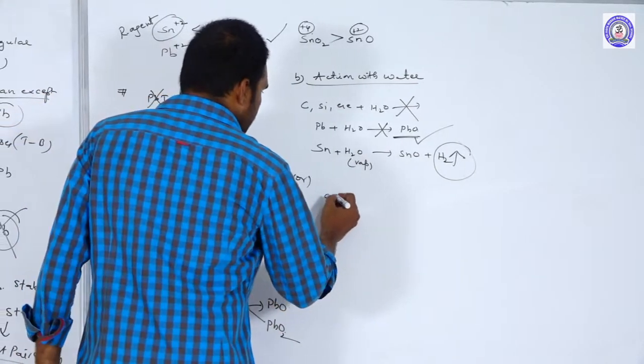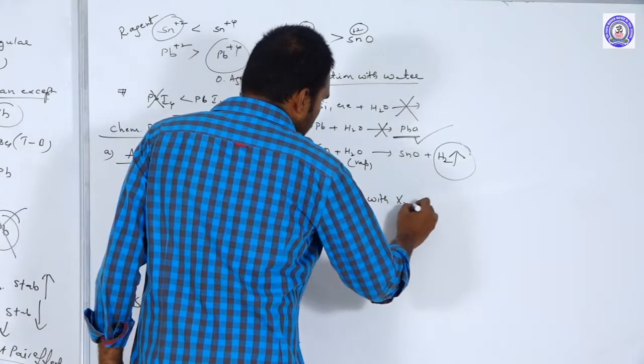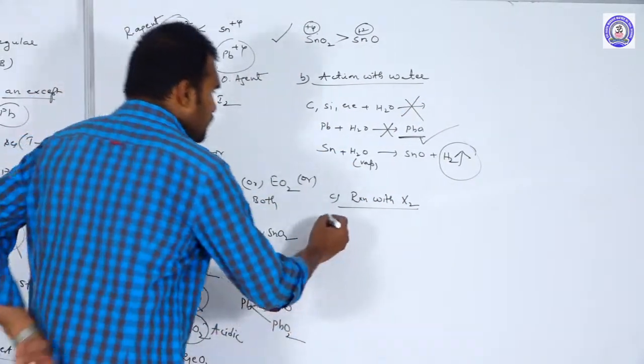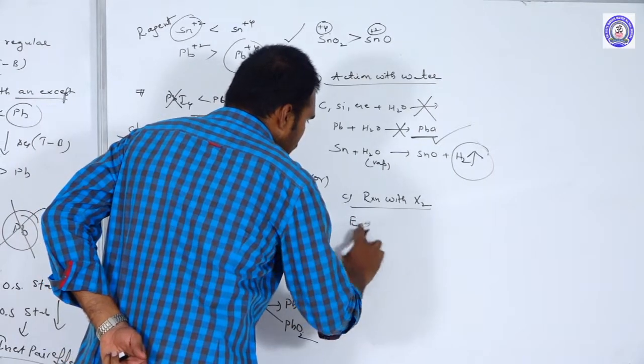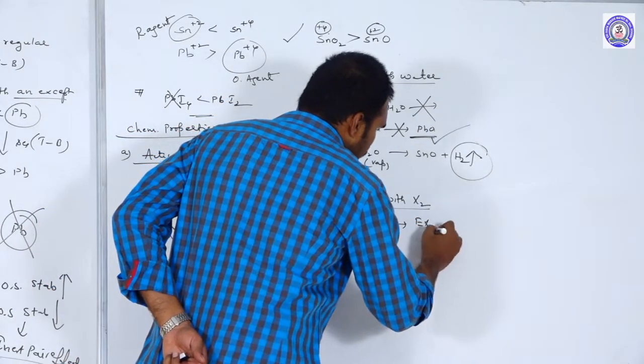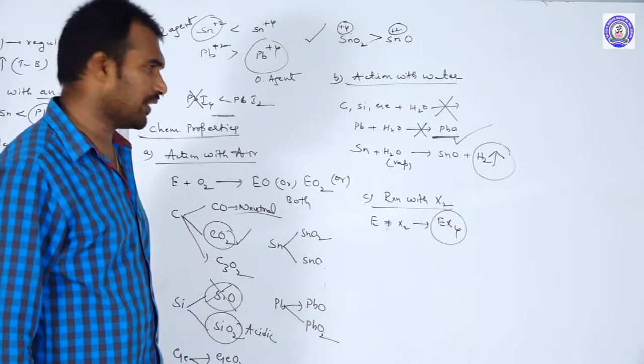Next one, reaction with halogens. In case of halogens, when these elements react with the halogens, they form EX4 type of halides.